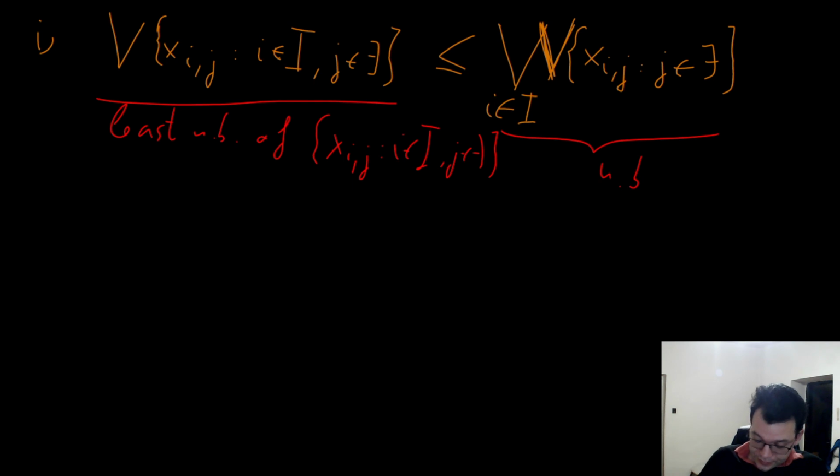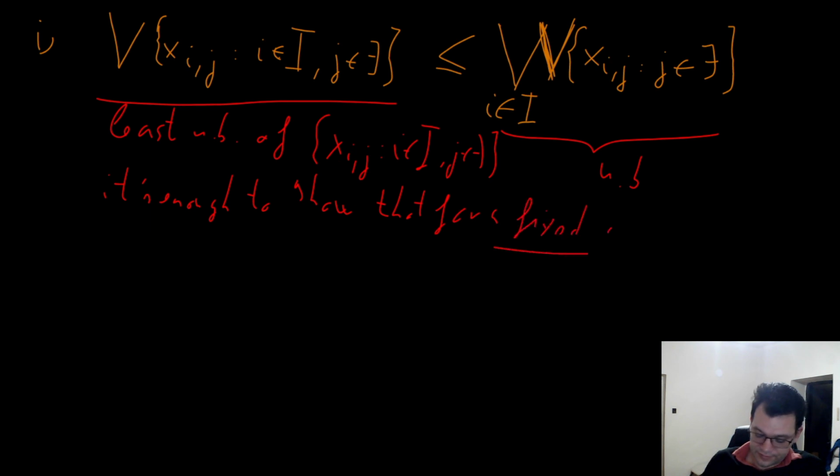So basically it's enough to show that for a fixed i and j, we have xij being a lower bound of the supremum again of the xi'j', i' in I and j' in J. I'm just using a different letter for indexing, it doesn't matter.